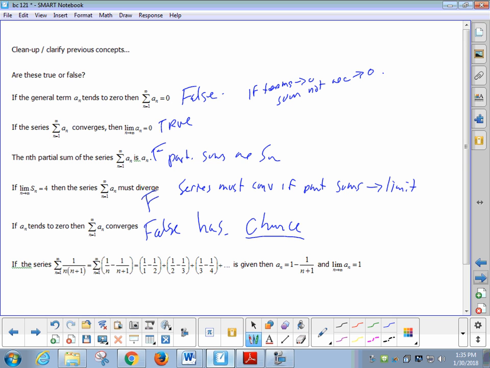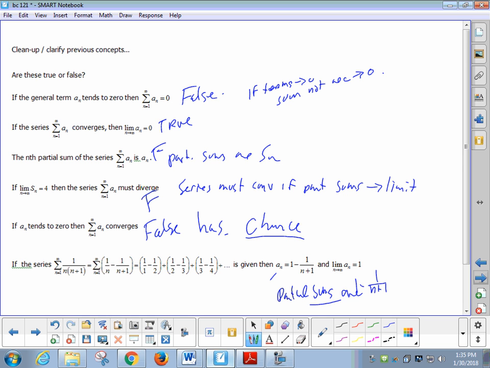And last but not least, you have this telescoping theorem, which I decompose for you. It would look like this: 1 minus a half, minus a third, minus 4. Is it true that a sub n is 1 minus 1 over n plus 1? False. What is this person who says true confusing you with? S, the partial sums. So, the partial sums are 1 minus 1 over n plus 1 and converge.